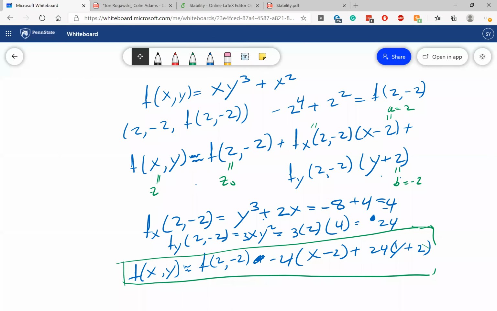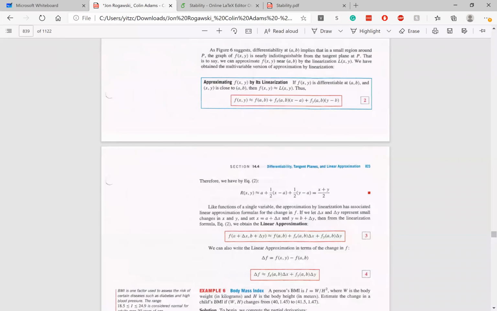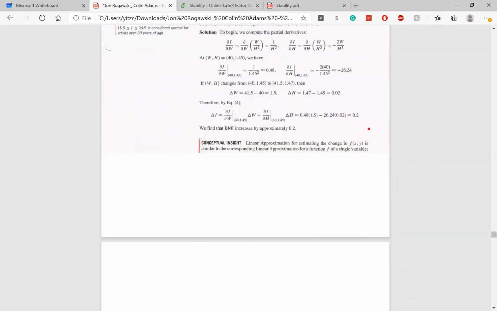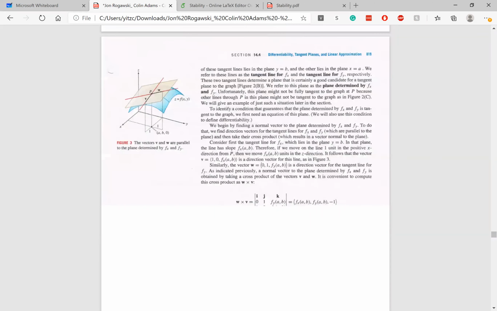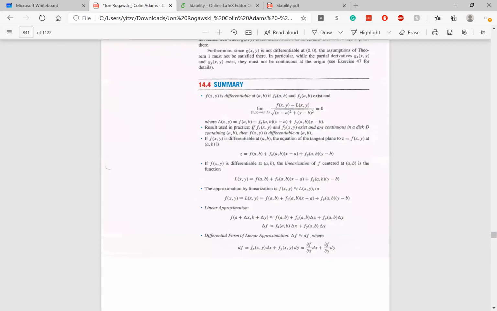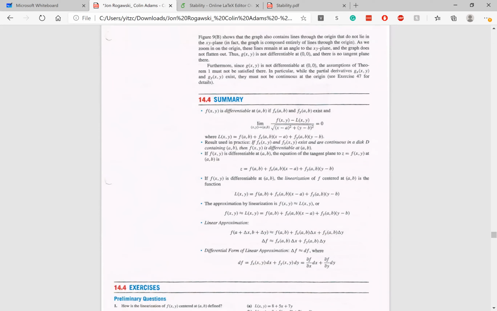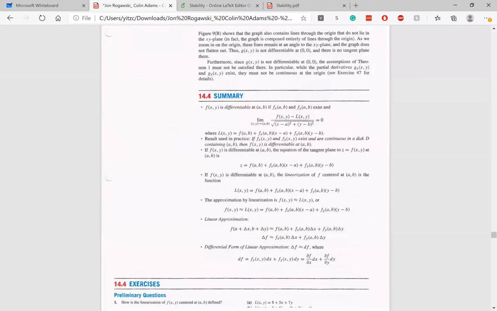Let me just go to the summary and then we can stop here. In summary, this is the equation of our tangent plane: z is equal to f of a, b plus f with respect to x at a, b times x minus a plus f with respect to y at a, b times y minus b. The linearization is the same exact thing.